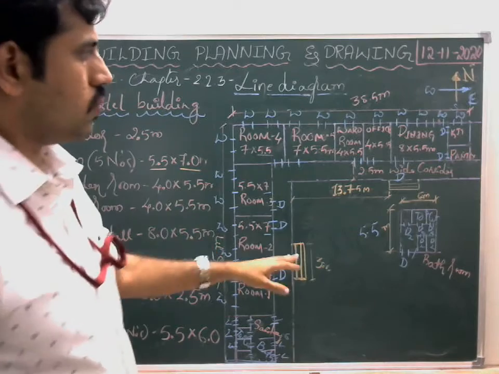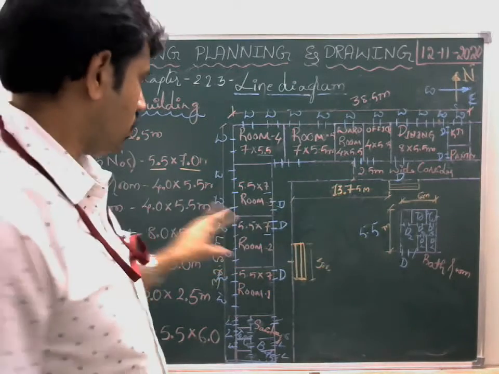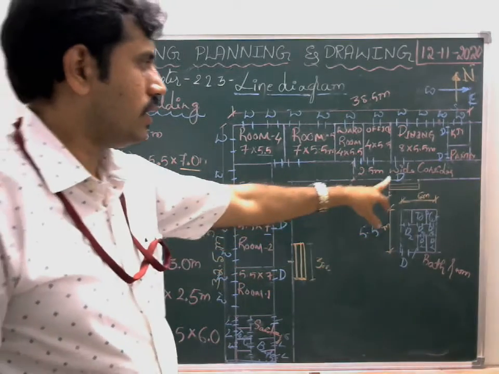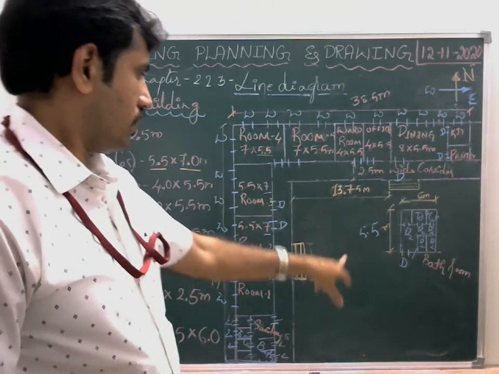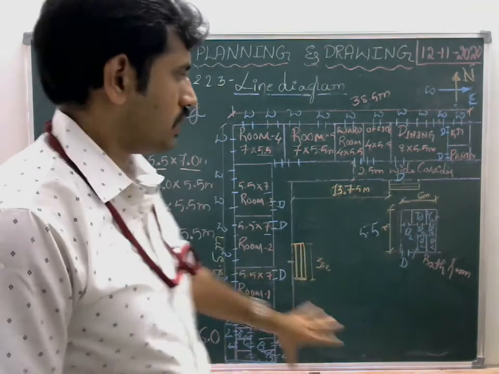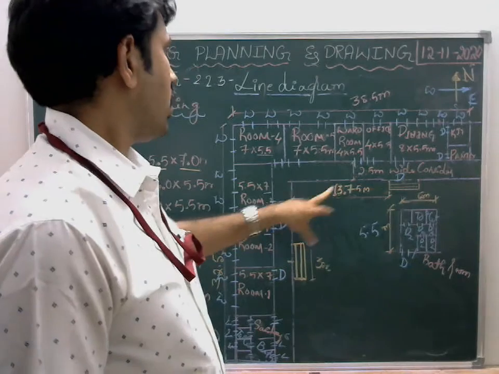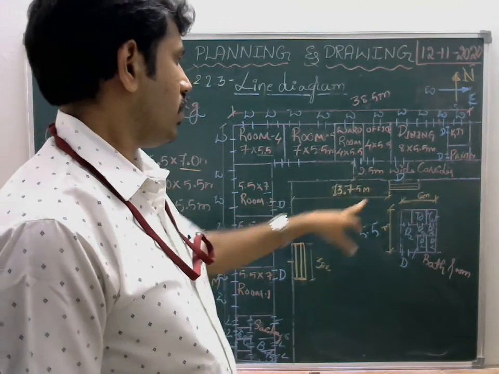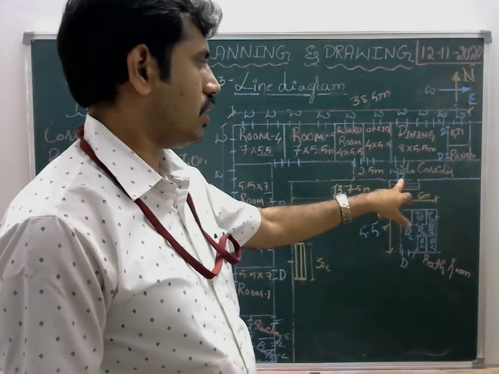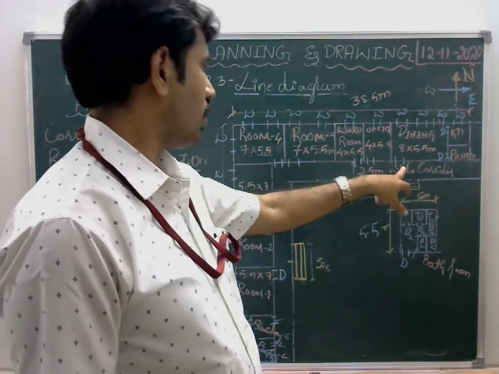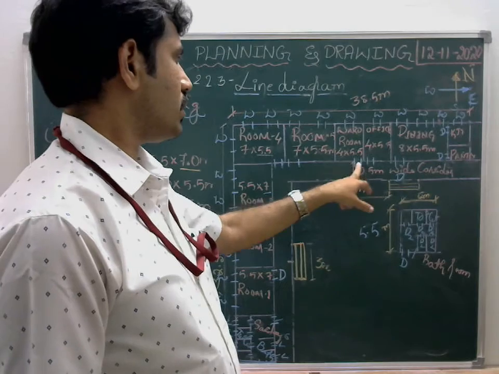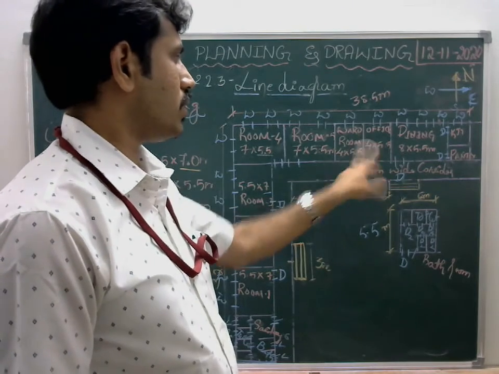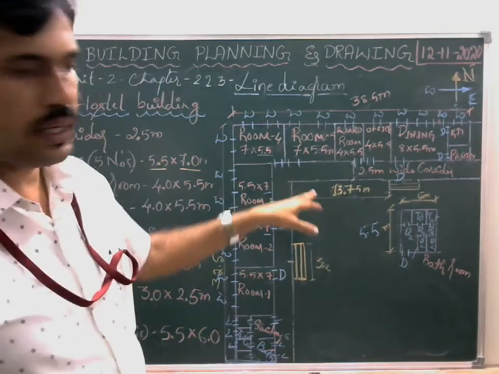Now we're going to see once again the opening schedules we have prepared. So this is the open space. This is the warden room, and this is the entrance given. This is the staircase we have provided to climb up to the corridor, and this is the entrance, and this is also one entrance beside the office building.